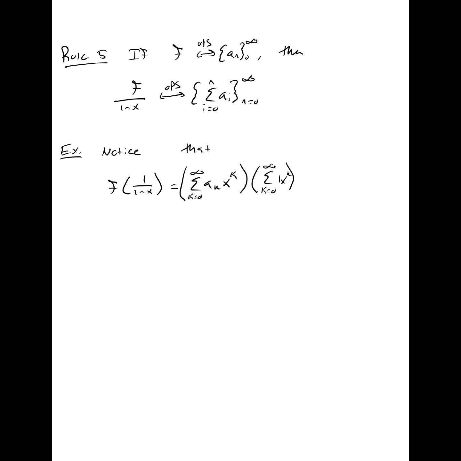And in order to do this by our rule, by Rule 3, this is the ordinary power series for the sum from k equals 0 to n of a_k times the n minus kth term of our sort of trivial sequence, which is just always going to be 1, so I'm not even going to write it.